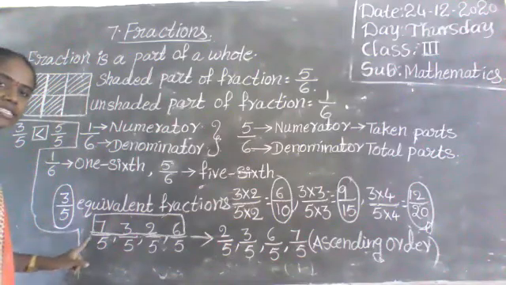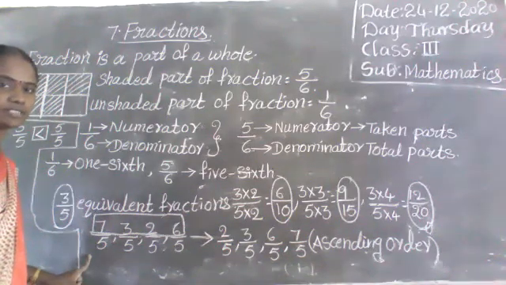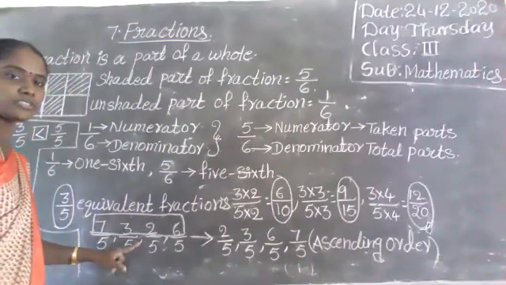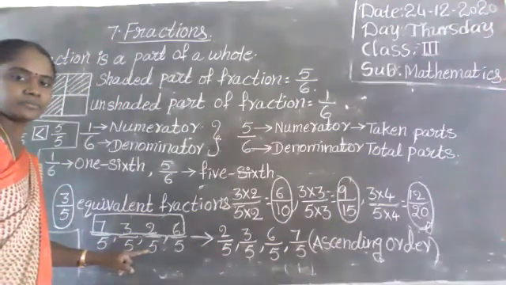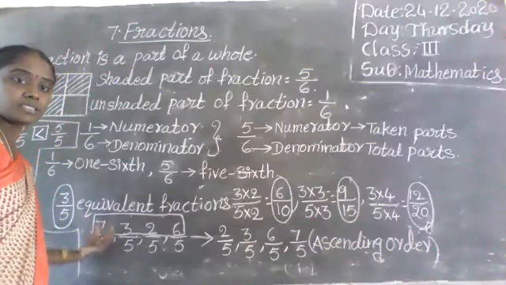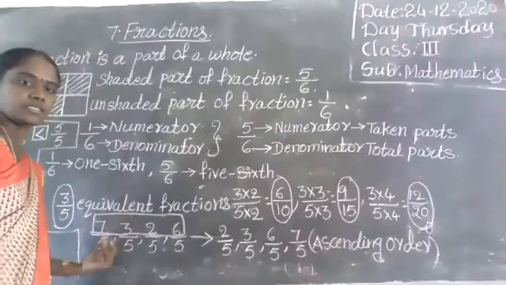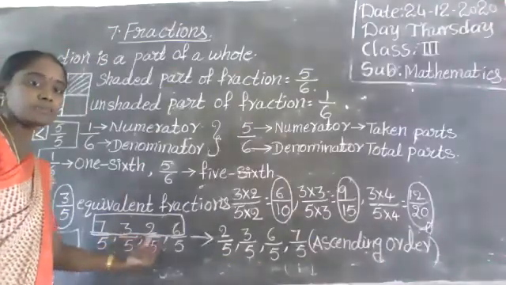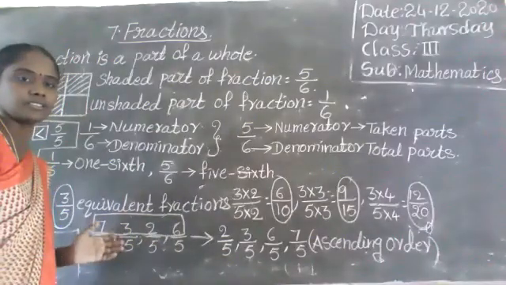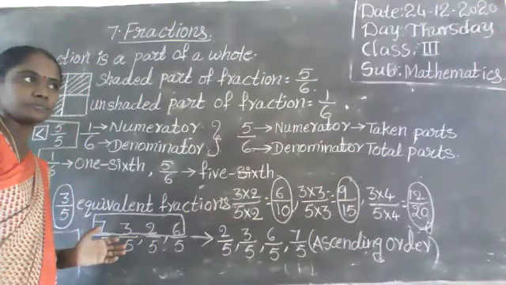7, teacher. 7 by 5 we can write first of all. Okay, next fraction. 3, teacher. Next biggest number. See, once you observe all numbers, 3 to 6, which is the biggest number? 6, teacher.